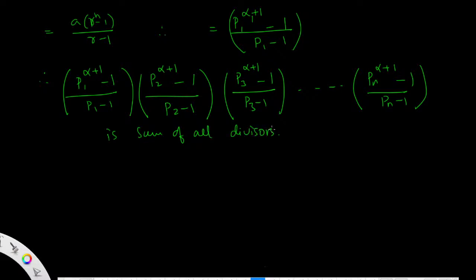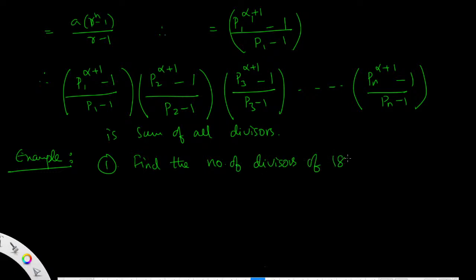So on the basis of these expansions, first write down the examples, whatever the questions are in the examinations. First question: find the number of divisors of 1800.